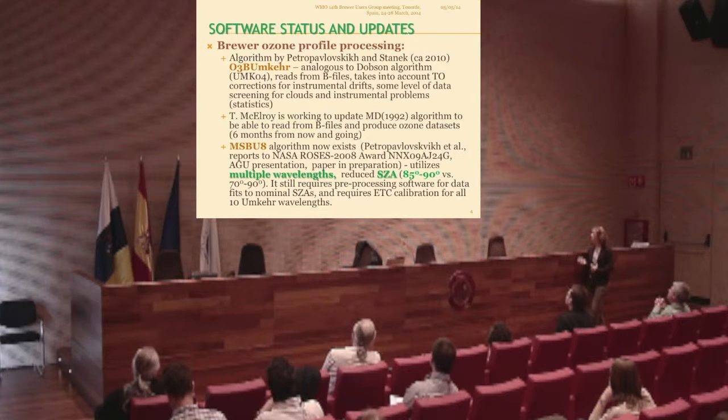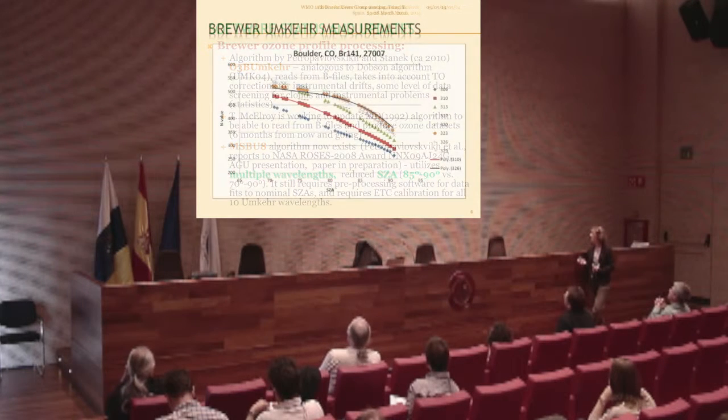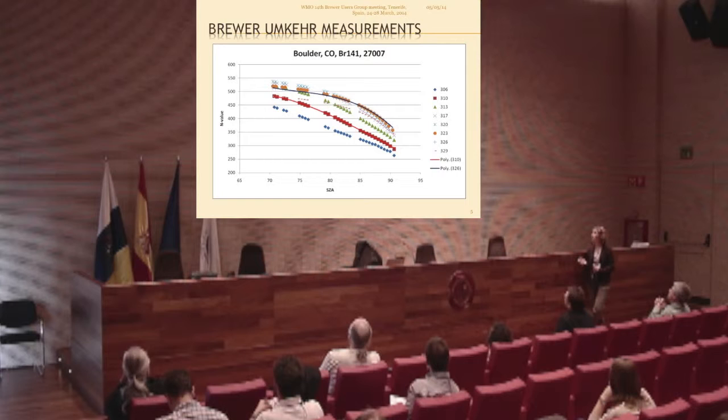And it requires some preprocessing software. So I'm going to work with Martin, trying to put it in the same package as he currently has for the PC version of the Brewer retrieval using a single wavelength pair. So this is the measurement of Brewer 141 in Boulder.